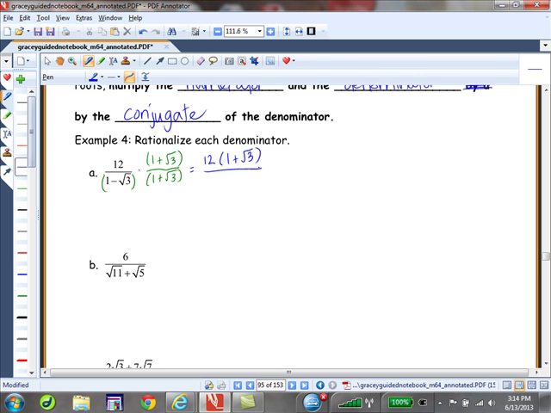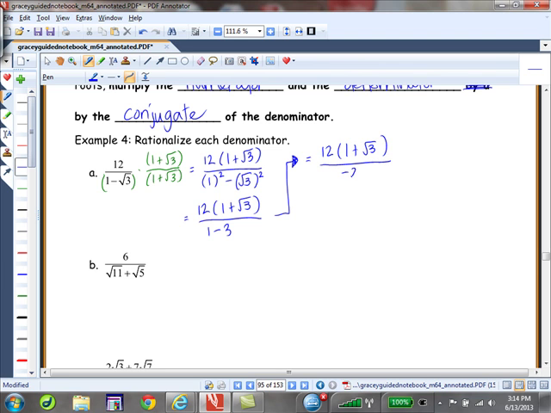So 1 minus root 3 times 1 plus root 3 yields a difference of squares. So we'll have 1 squared minus root 3 squared. So that'll give us 12 times 1 plus root 3 over 1 minus 3. Continuing, we will have 12 times the quantity 1 plus square root of 3 over negative 2.